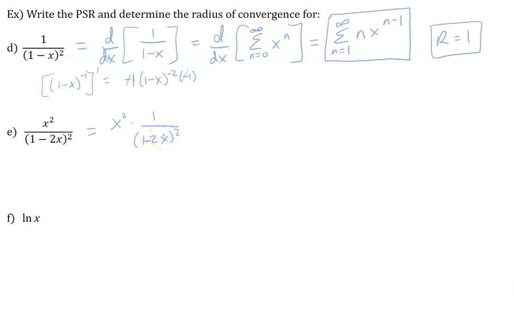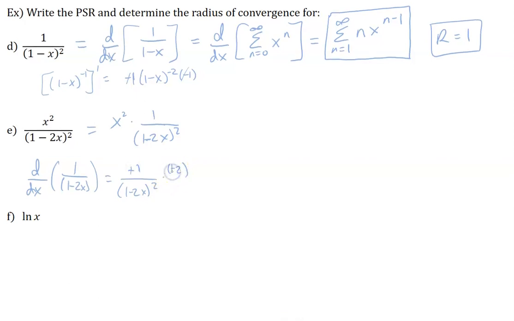So let's just start with 1 over 1 minus 2x and then take the derivative of that and see what we get. Okay, so the derivative of 1 over 1 minus 2x, which is 1 minus 2x to the negative first, is going to be negative 1 over 1 minus 2x squared, and then times negative 2 from the chain rule. So that becomes plus 2.